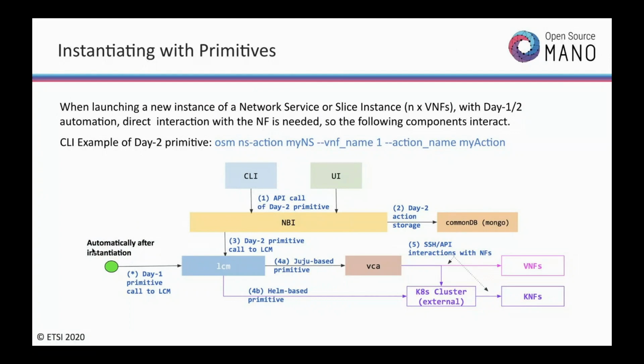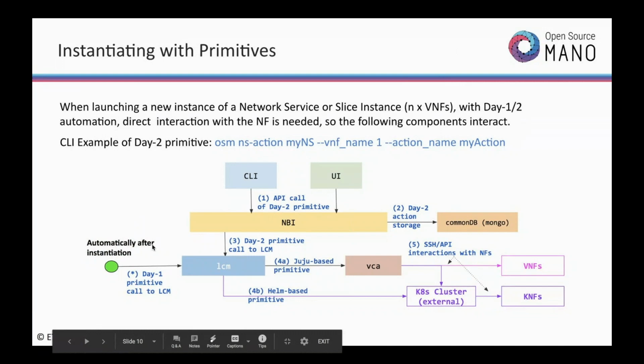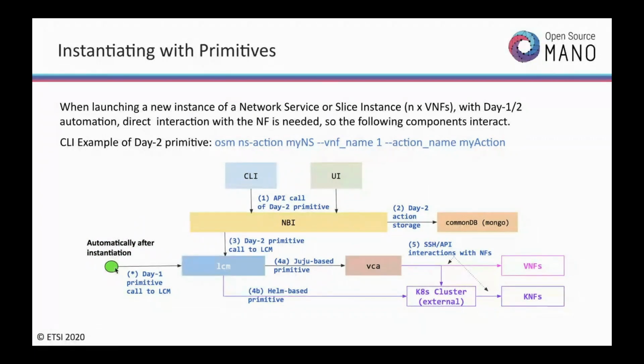So depending on the type of primitive, we have different components interacting. If it's a day 1 primitive, it runs automatically after instantiation. It runs in LCM. And what it does is mainly, it is the main path through VCA, which is a Juju-based primitive. I mean, it would be a charm. It would go to the network functions, either if they are virtualized or virtual machines or containerized.